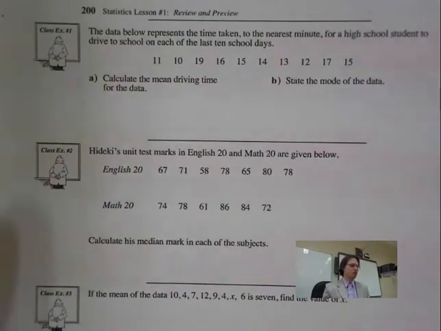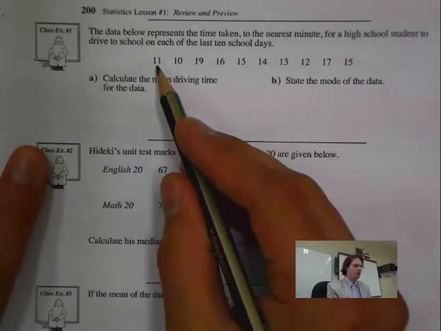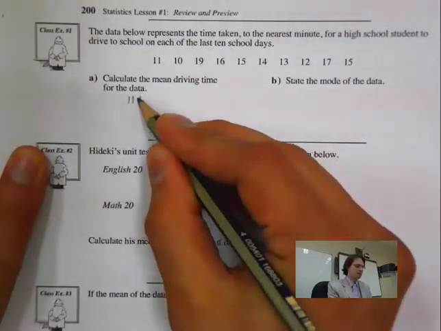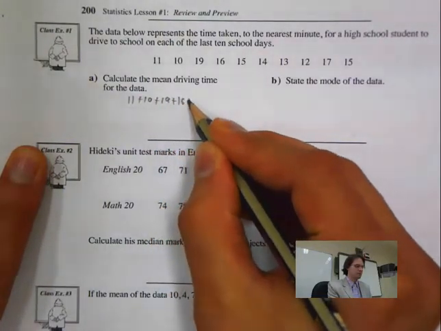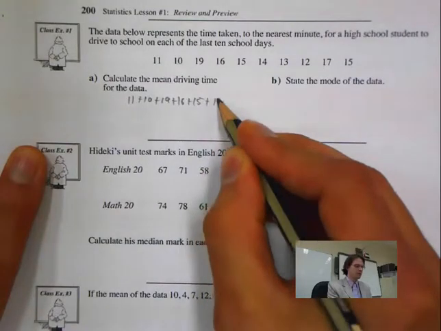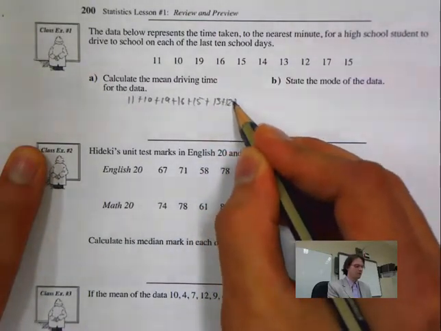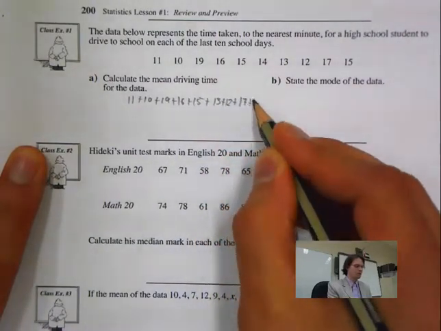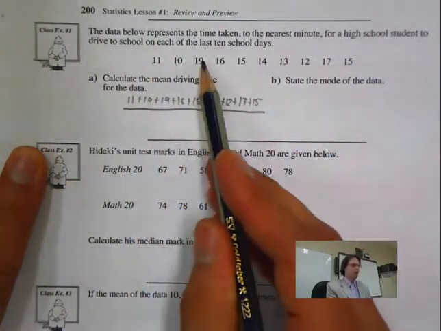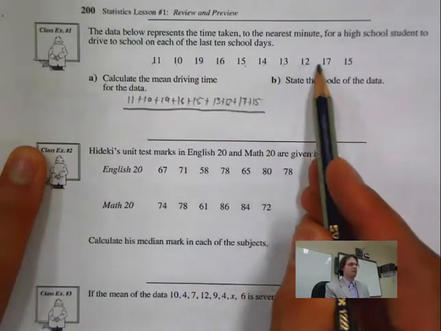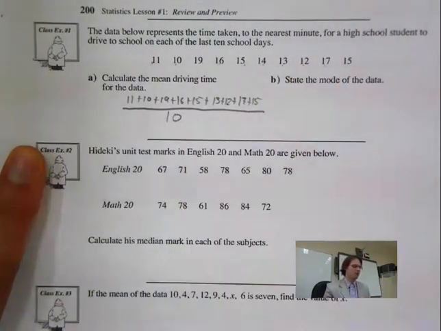So we're going to add them all up, then divide by how many there are. There's 1, 2, 3, 4, 5, 6, 7, 8, 9, 10. So we divide by 10.